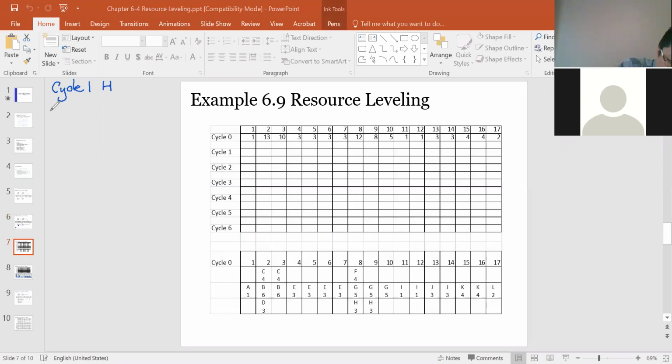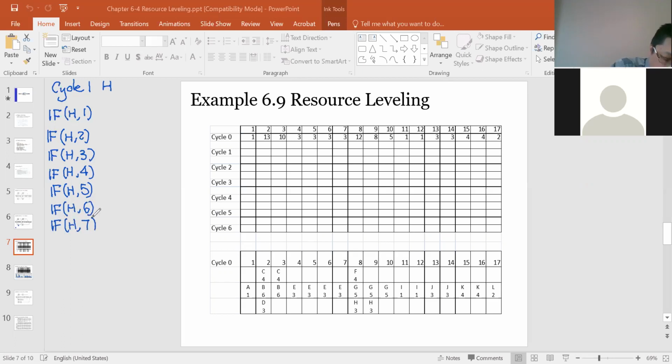So we need to compare H shifted 1 day, H shifted 2 days, H shifted 3 days, H shifted 4 days, H shifted 5 days, H shifted 6 days, and up to H shifted 7 days.